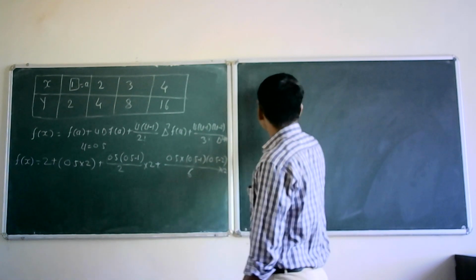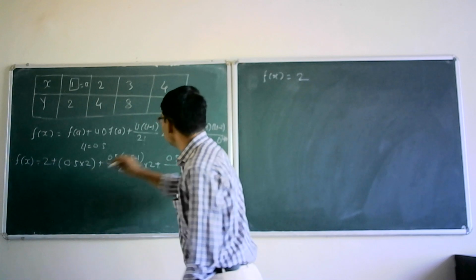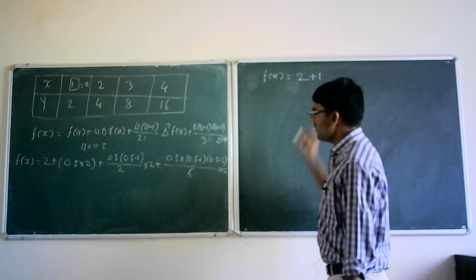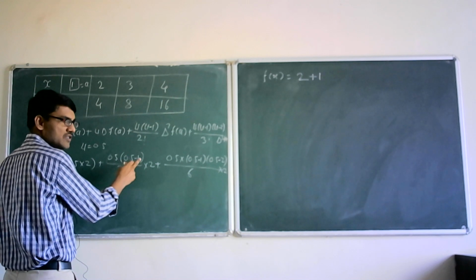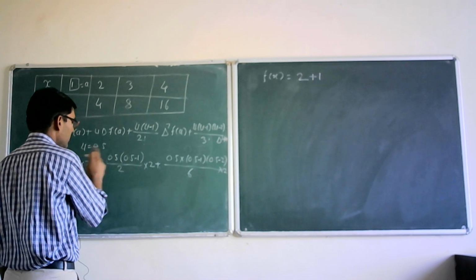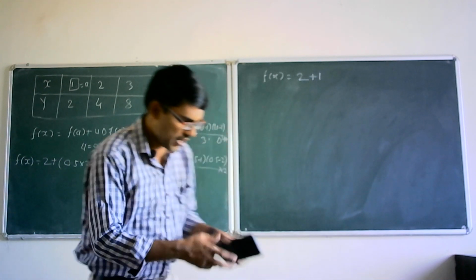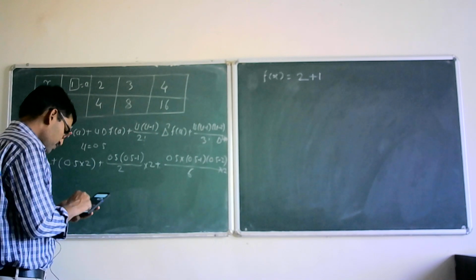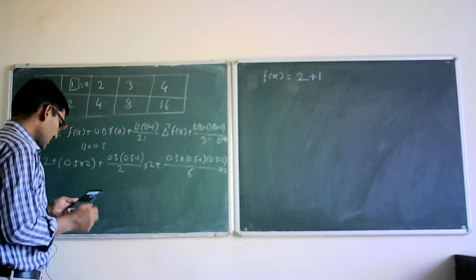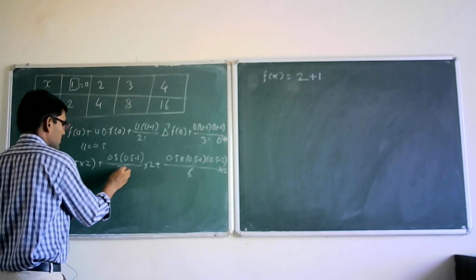f of x is equal to 2, then 2 into 0.5 is 1, then 0.5 minus 1, so minus 0.5 into 0.5 is 0.25. You can use your calculator also. Then divided by 2, this 2 gets cancelled here.